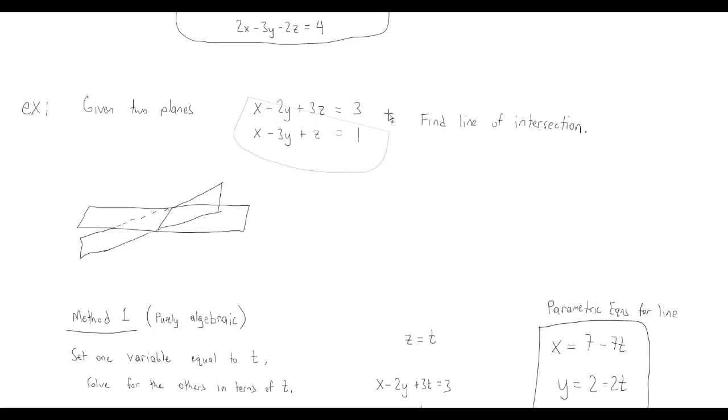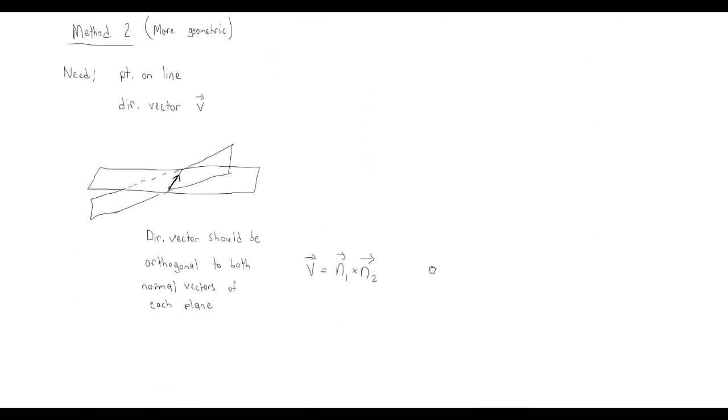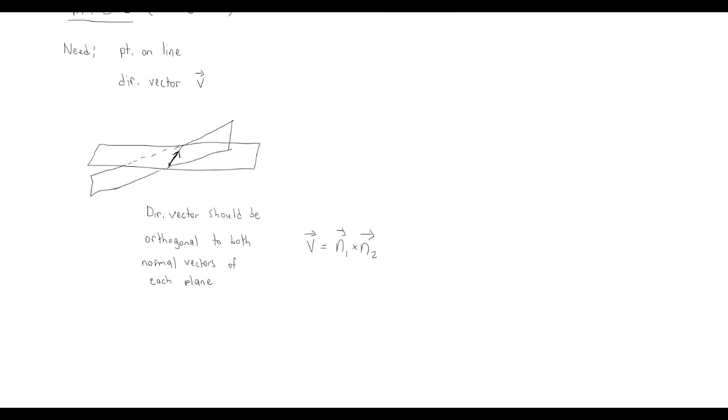So here are the two planes. Alright. So remember that you can get the normal vectors from the coefficients of x, y, and z.